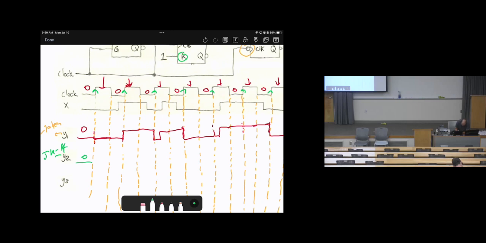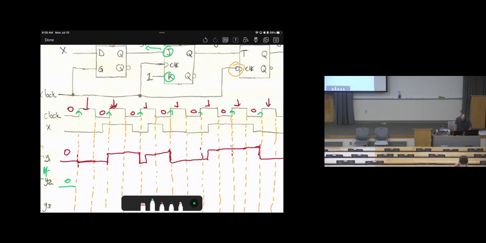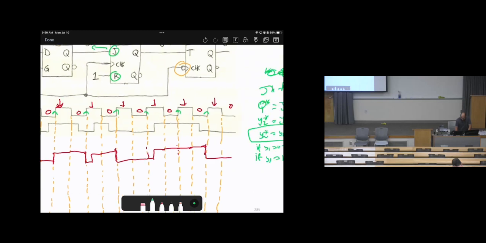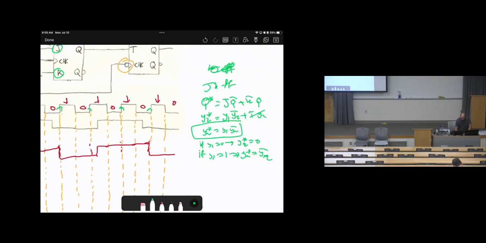So let's look here. All of the updates will happen only at the green arrows, as we see here. So here we get the first update, Y1 is 0. And we mentioned here, if Y1 is 0, then Y2 star will be 0.